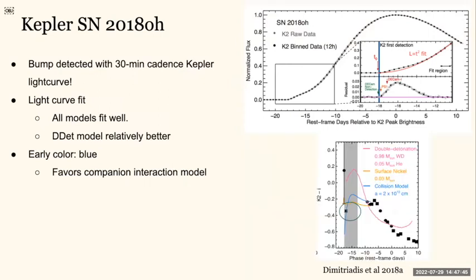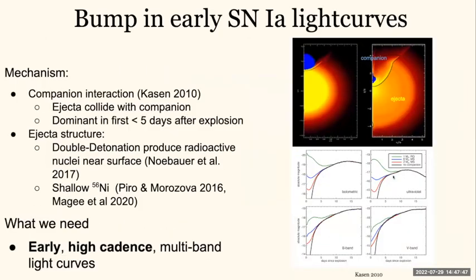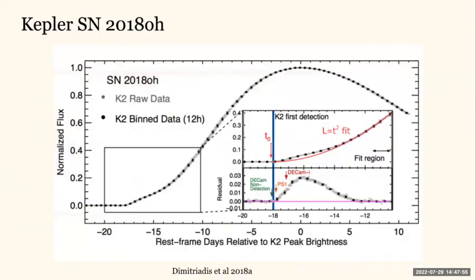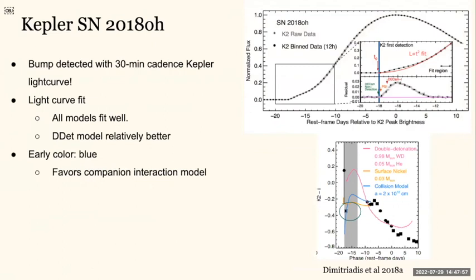Yeah, that depends on the model. If you look at the Dan-Cassens model, you can see that the blue band is the brightest one. But in some other models, like the double attenuation model, the bump seems to be a bit redder. So it all depends on the model. I would say multi-band observation will be very crucial to resolve that, and it might play a similarly important role as a high-cadence lightcurve.